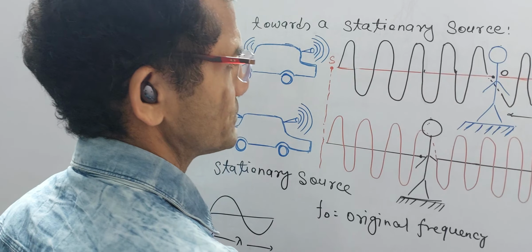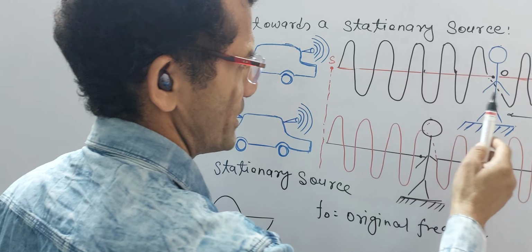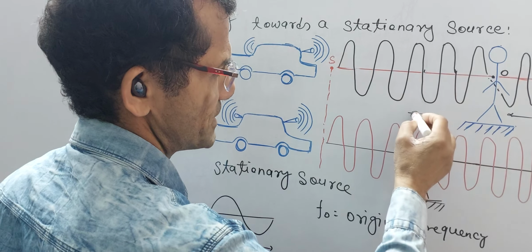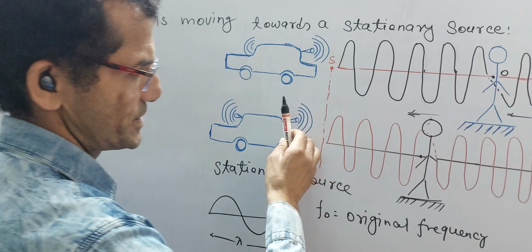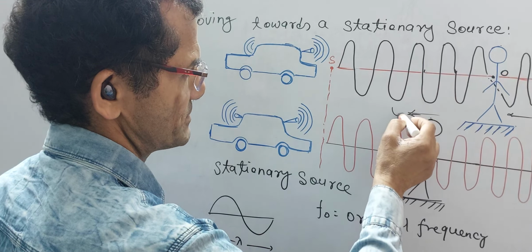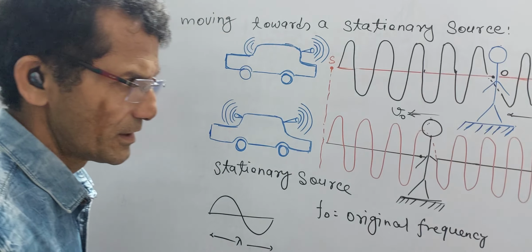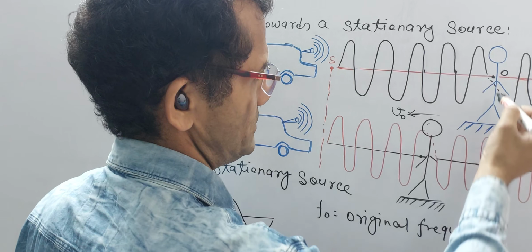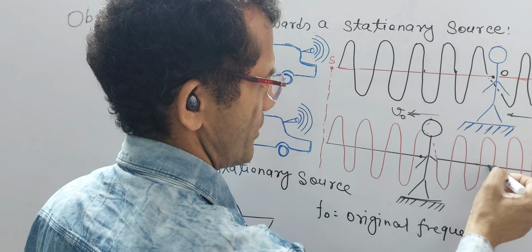Now when the observer is moving, now the observer is moving toward the stationary source. Now its velocity becomes v0. Now in 1 second, the observer moves from this point to this point.